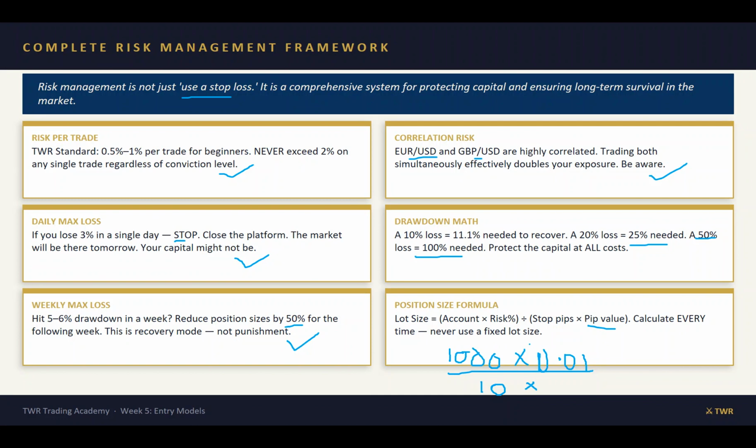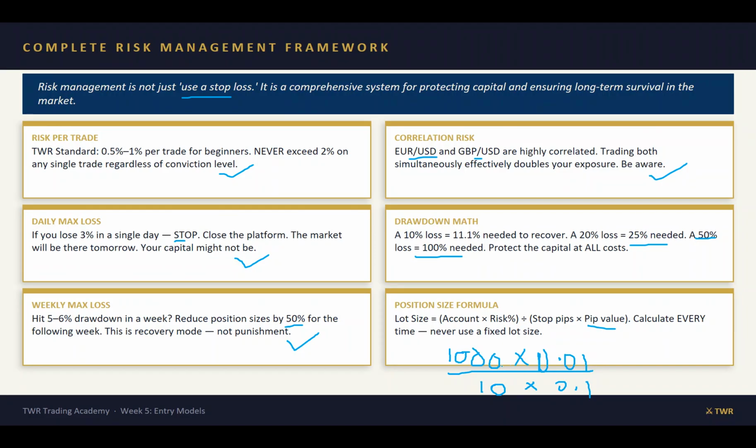Now let's say you're trading EURUSD or GBPUSD. For EURUSD or GBPUSD, one standard lot is equal to $10. Okay. Now your pip value here is 0.1. So meaning that one pip is equal to $10. Okay.